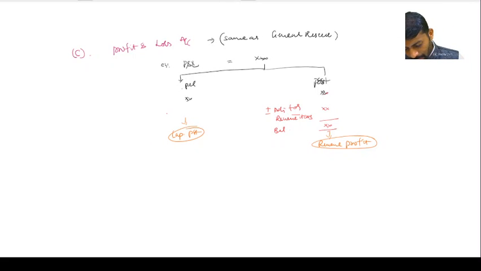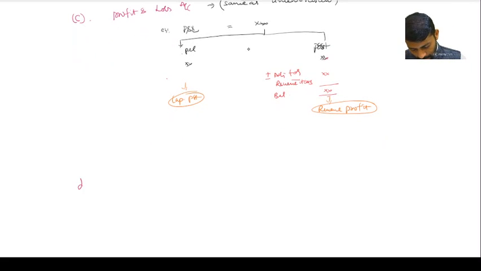Next, let's go with item number 4, category D, which is net change in fair value.